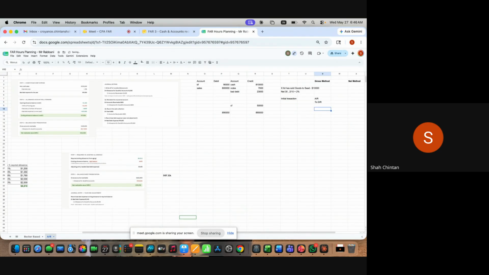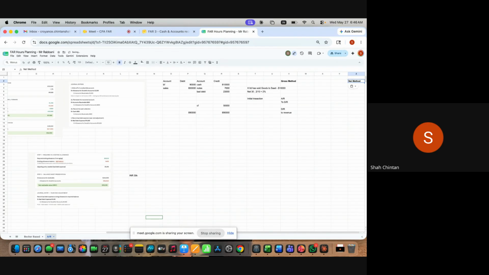Then the second entry is deferred revenue debit, revenue credit, because goods are delivered to you. The company thinks you will not take the benefit of the 2% discount, so it can record the entire sale and the entire revenue at $10,000.